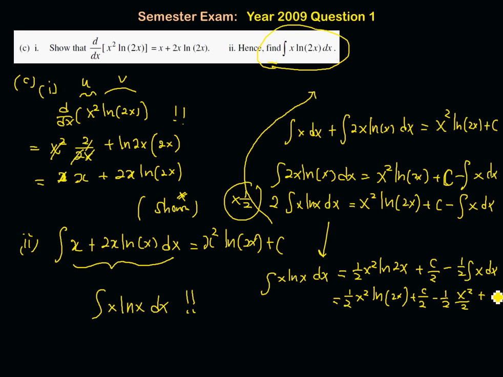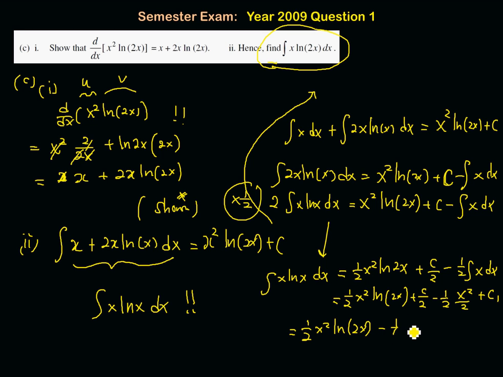Every time you integrate, you will get a c. Now I can't use c again, I've already used it, so we don't want to confuse ourselves. And so you get half x squared ln 2x, and on the right in front 1 over 4 x squared.